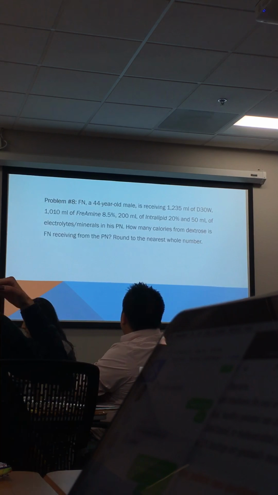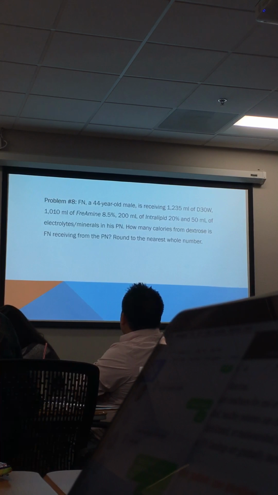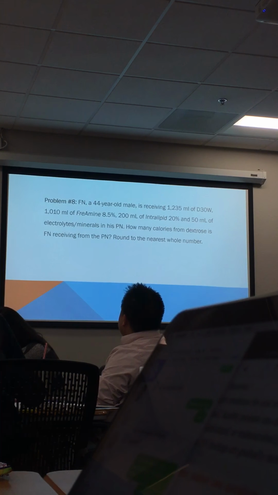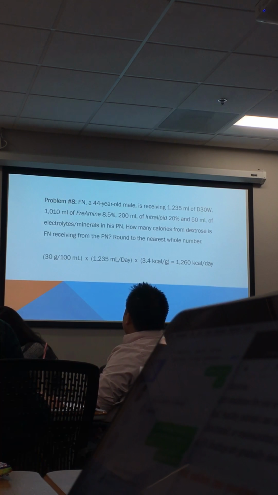Okay, this is a patient case question, but it still asks you to calculate how many calories. It's how many calories from dextrose. One thing I have to mention: when you look at a calculation question, you have to look at the end, at what they ask.